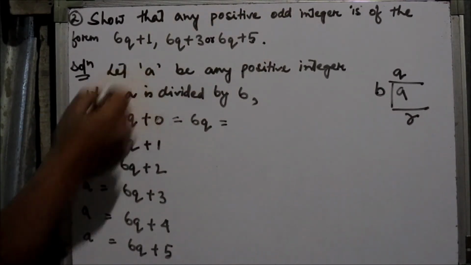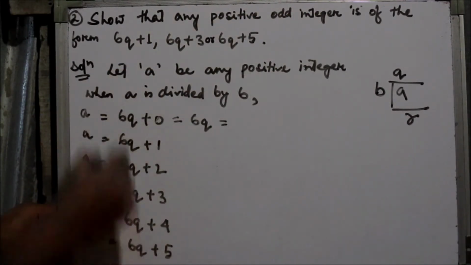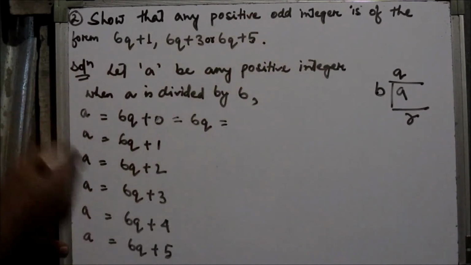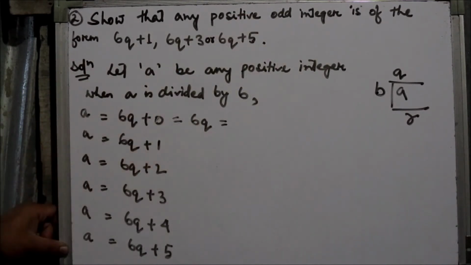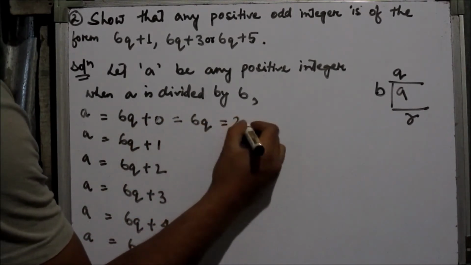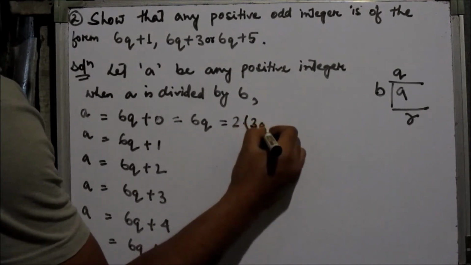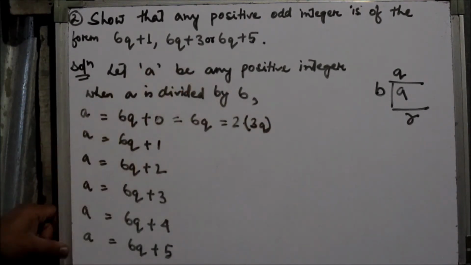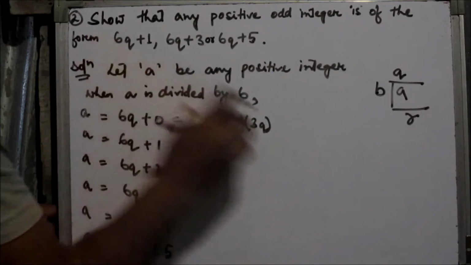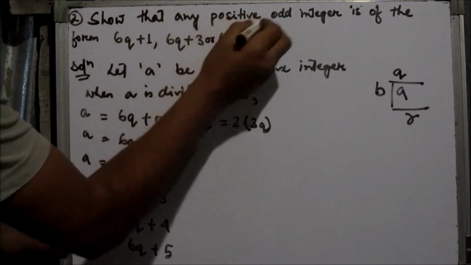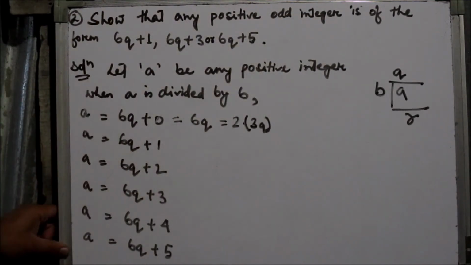We have considered a as an integer, but we will now consider only the odd integers. Now 6q is not odd because 6q is divisible by 2. We can write 6q as 2 into 3q. So 6q is even. It is out of our requirement because we require only the positive odd integers.